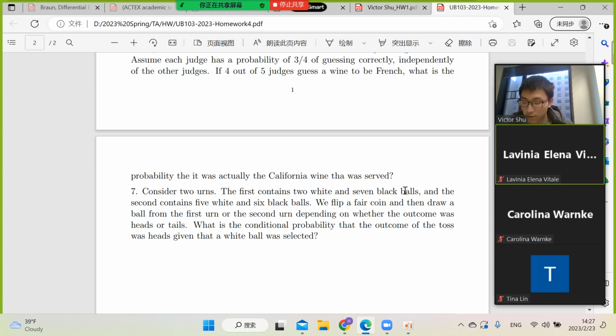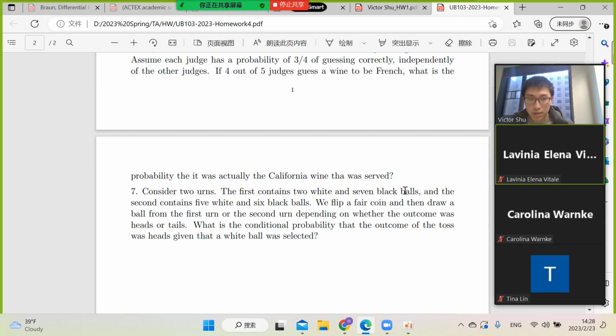First, the probability of white given head is easy because you have your head and you know which pole to draw the balls from. And then you times the probability of head, which is just 1/2, divided by the probability of white. The probability of white is a little bit complicated to do, right? Because you have two situations.